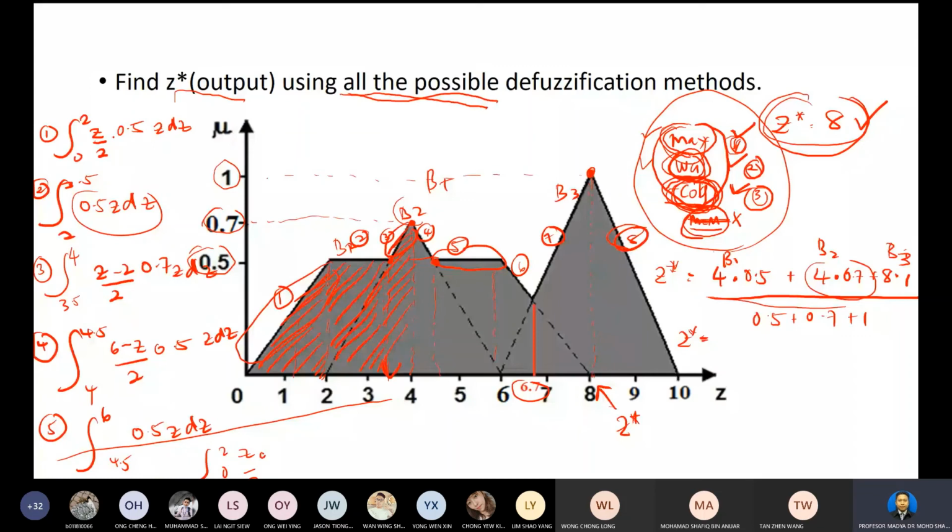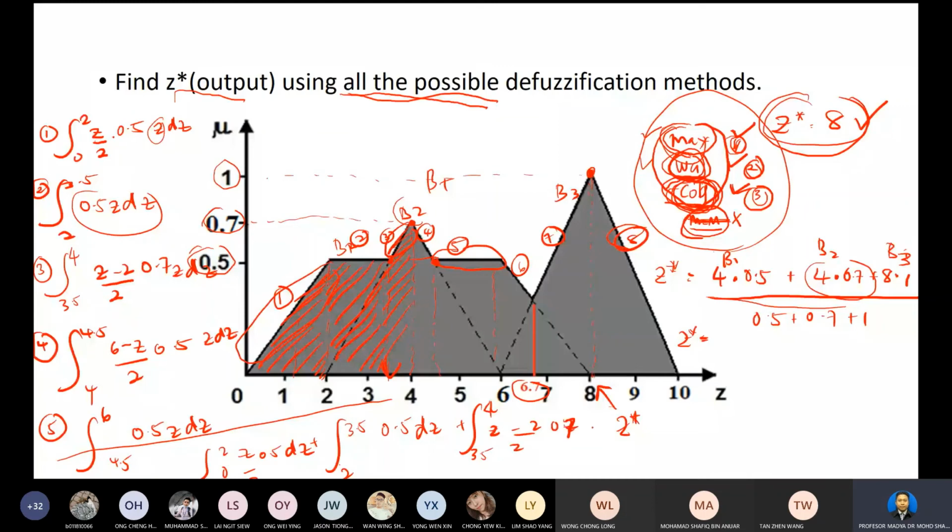So the numerator is z, and for the denominator we cancel the z, so only dz, from 2 until 3.5, 0.5 dz. For number 3, for example from 3.5 to 4, z minus 2 divided by 2, times 0.7 dz.